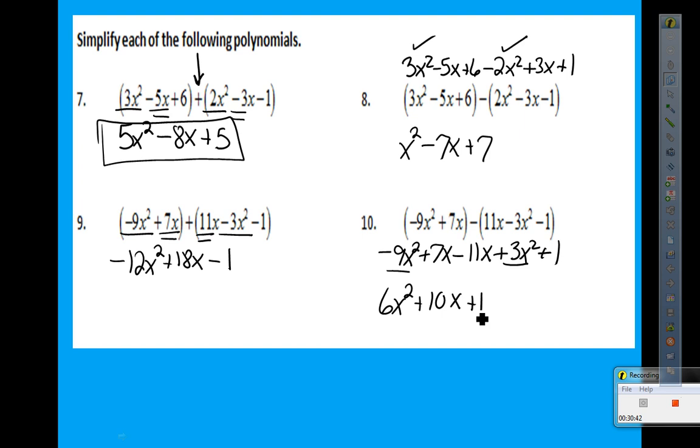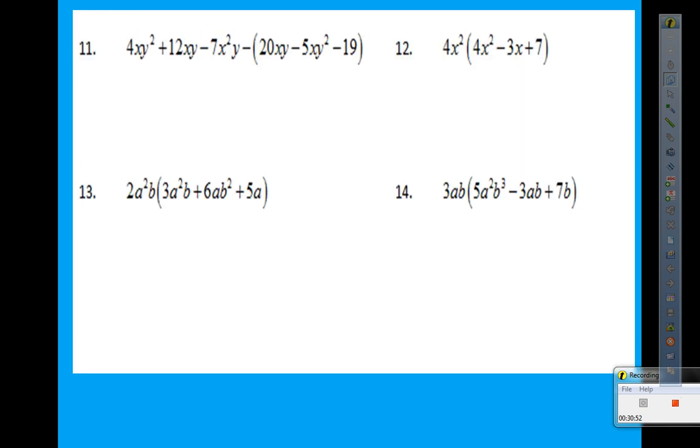Then it looks like I just got a couple more. Here's my number 11. Whoo, that looks like a mess. But it's not. Let me distribute for you. So I got 4xy squared plus 12xy minus 7x squared y minus 20xy, negative, negative, so plus 5xy squared plus 19.